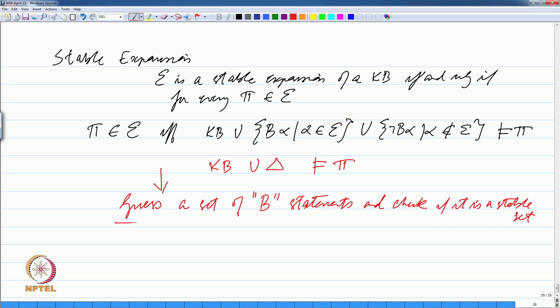And as you know, whenever we say guess, we essentially mean search through, when you come to implementation.